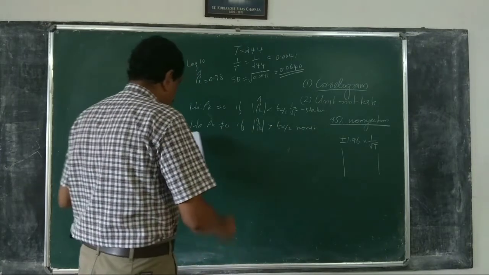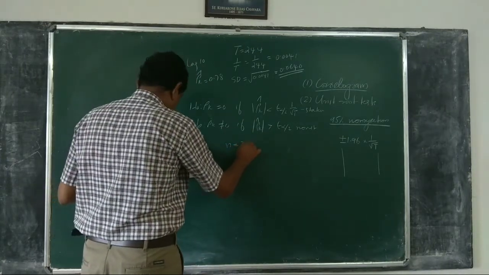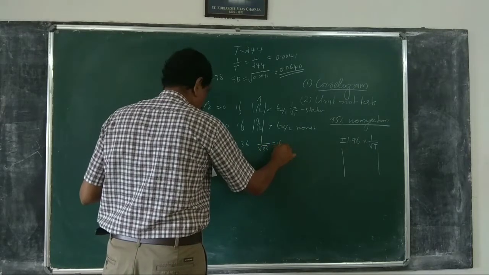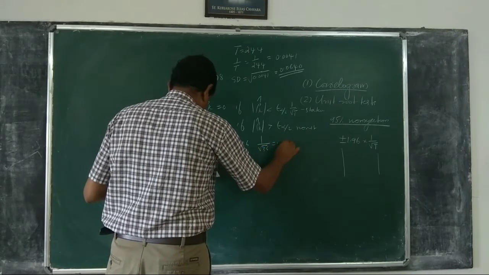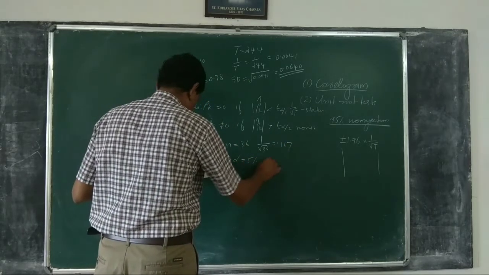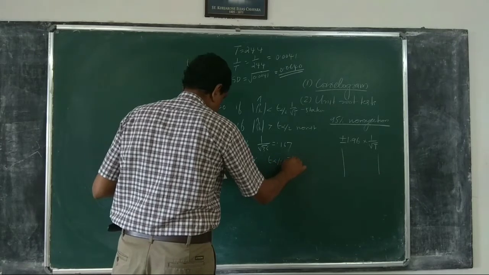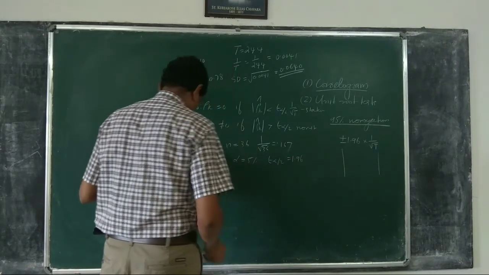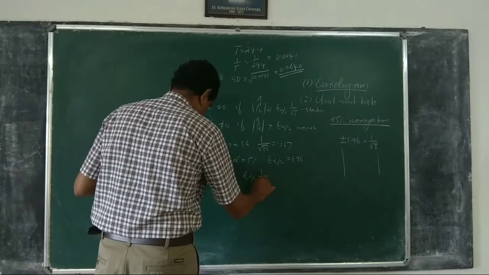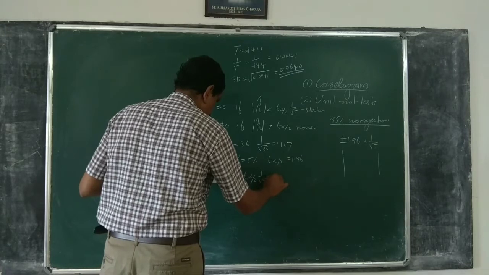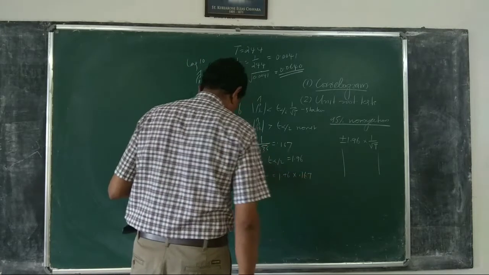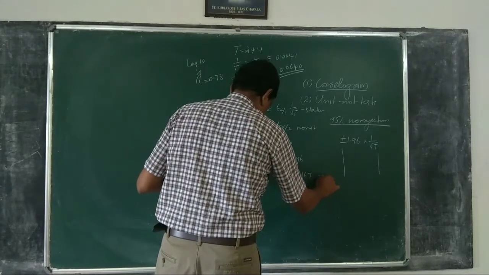Now, suppose that n is 36, 1 by root 36 is equal to 0.167, alpha is fixed at 5%, T alpha by 2 is 1.96, then T alpha by 2 into 1 by root 36 is 1.96 into 0.167, which is equal to 0.327.